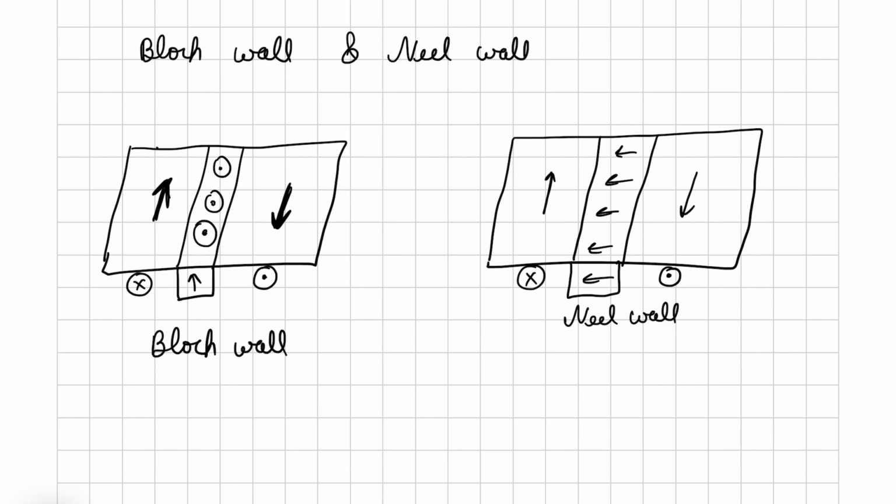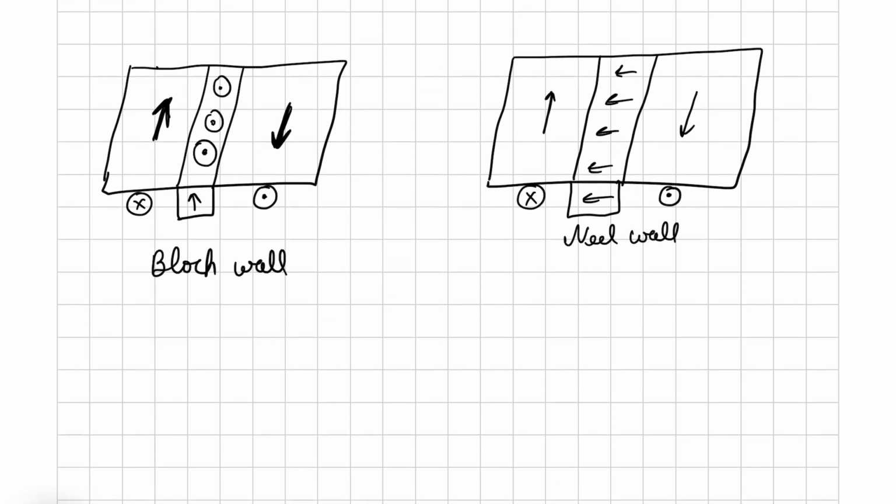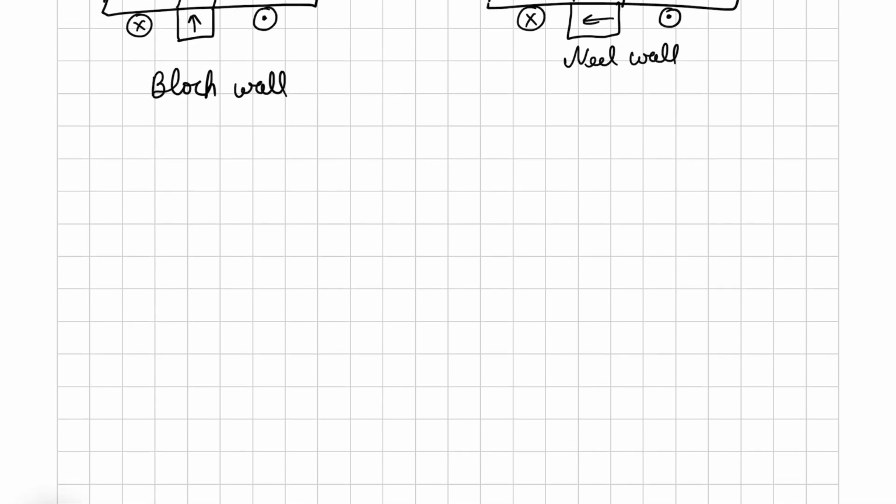There is another way of defining the domain walls. This is for, let's say, magnetic thin films. For example, I can have 180 or non-180 domain walls.